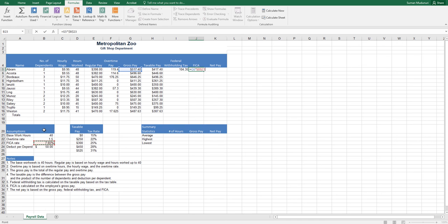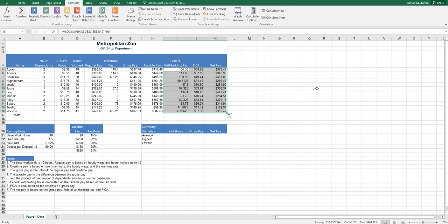Also, absolutely reference that, pressing tab over here, and their net pay is equal to their gross pay minus the taxes. And then that's how much this person is being paid, and I'm going to go ahead and auto-fill that down. And that is VLOOKUP, and I hope that made sense to you.